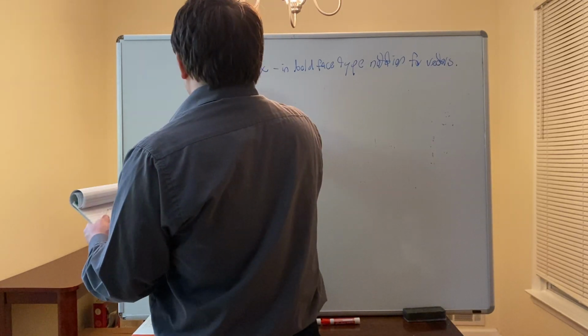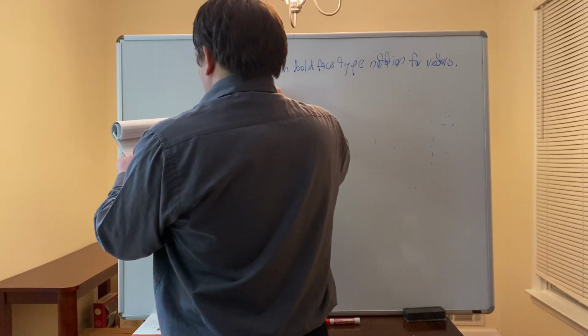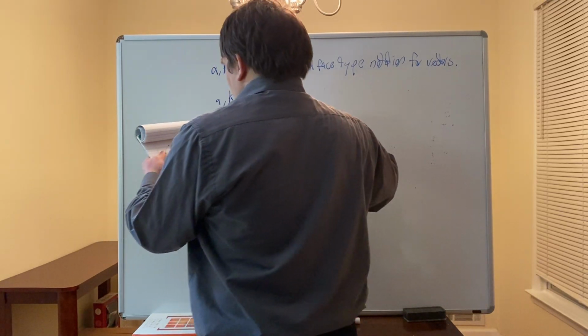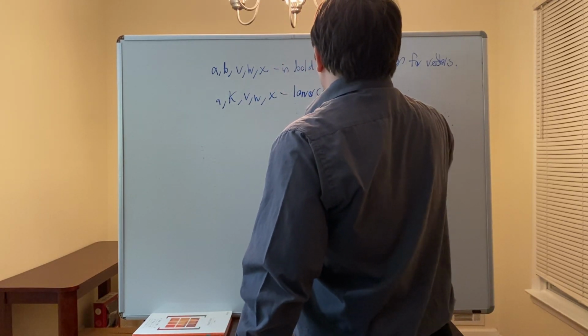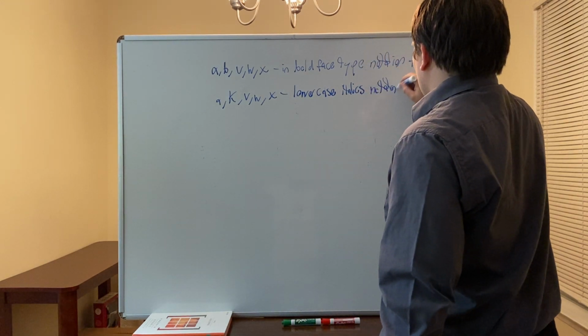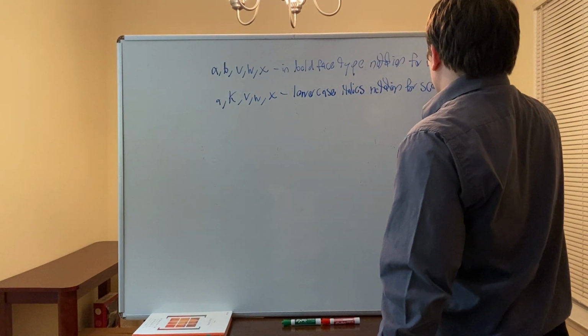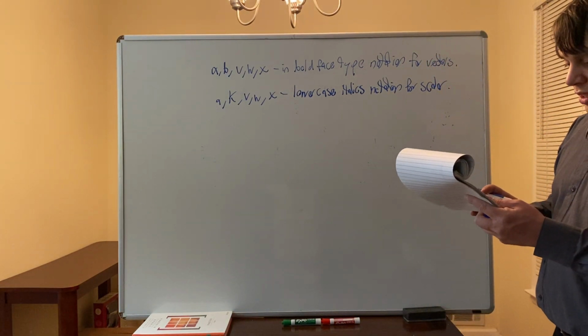And scalars, for instance, you might still use a, but now as a scalar: a, k, v, w, and x, in lowercase italics, that would be the notation for a scalar, a number constant.